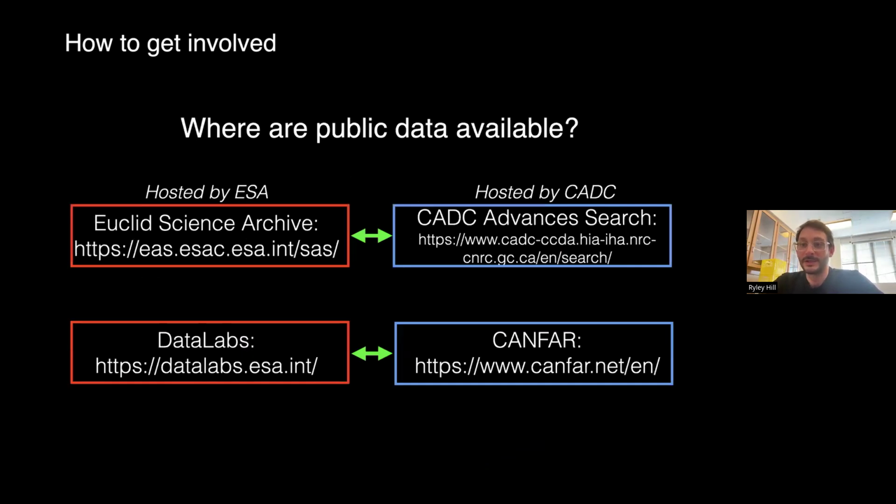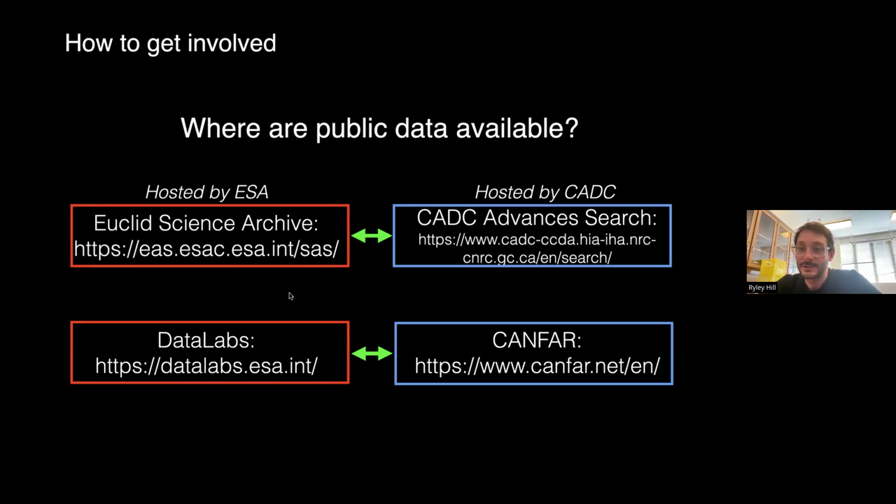Okay, so where can you download the data? There are quite a lot of places where you can play around with this data. The Euclid Science Archive is the main, official place where Euclid data will be stored, and it's hosted by ESA.